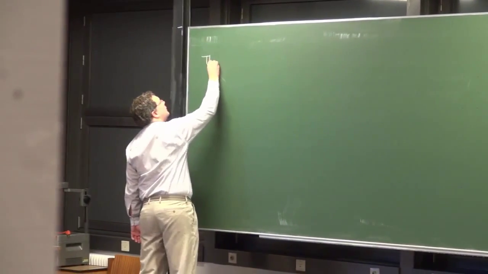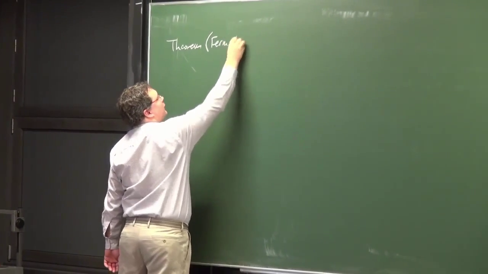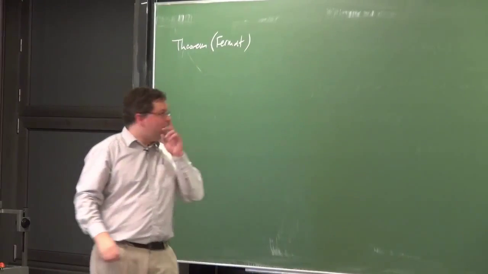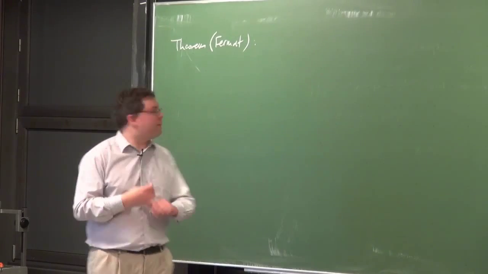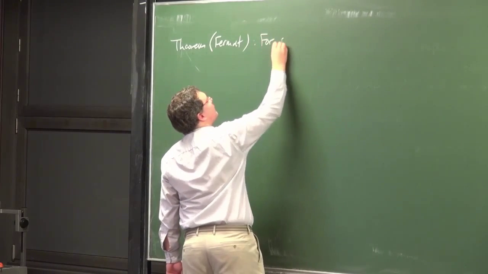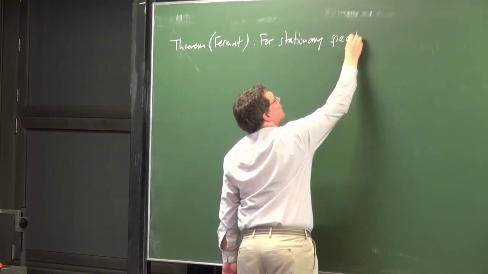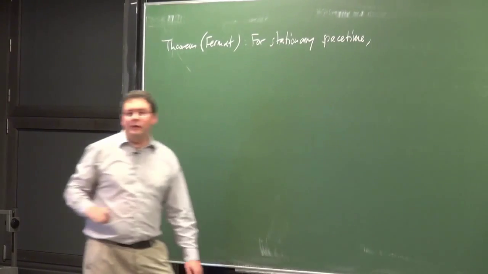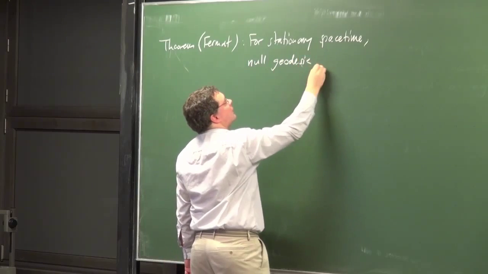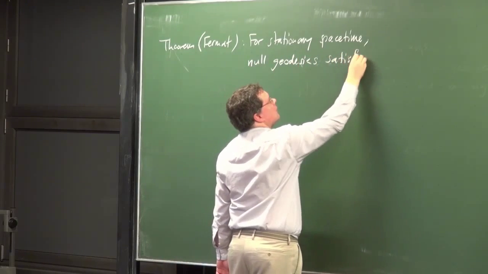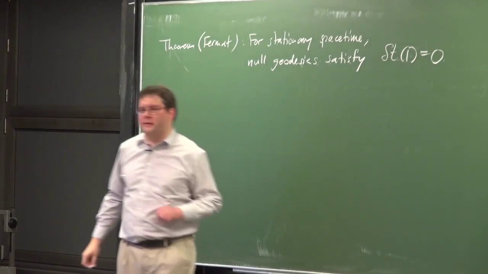So that's a theorem. So it's essentially Fermat. Now, of course, Fermat has not used that language, but that's what it boils down to in GR. And it's actually true for stationary spacetime as well. So for stationary spacetime, null geodesics satisfy that the variation of the arrival time is equal to 0, so the stationary arrival time.